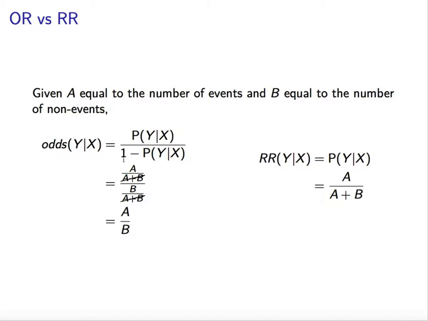So this is the odds here: disease given x divided by no disease given x. We can go through, a plus b cancels out, and we get a divided by b.